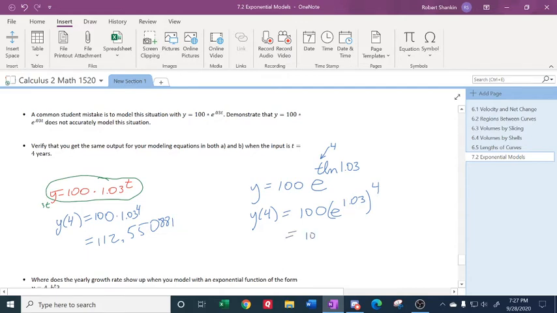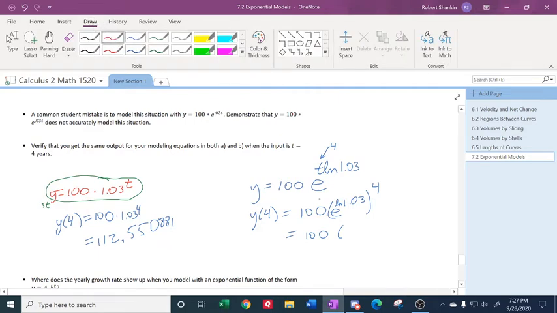So this would be 100, and it's an ln in front of that. These two things, e and ln, would cancel out, and I'd still get 1.03 to the 4th, which would still be exactly the same.